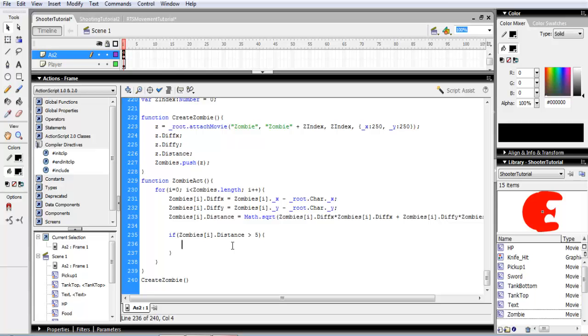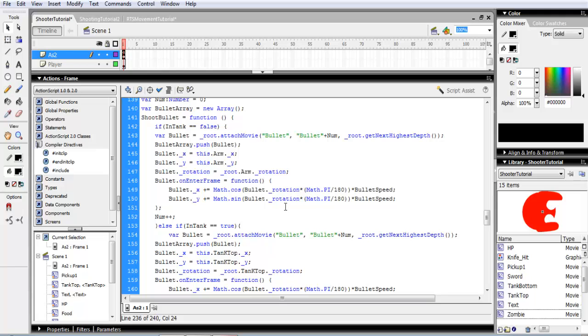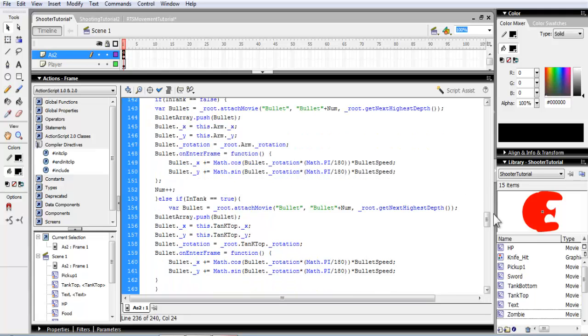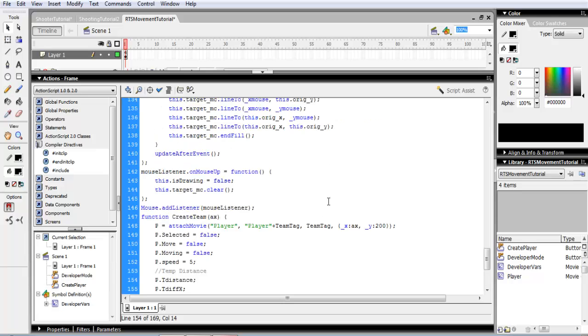So zombies._rotation. I can't remember at all how to do rotation. Yeah, right, I remember. Equals Math.cos, see what I've done on this?